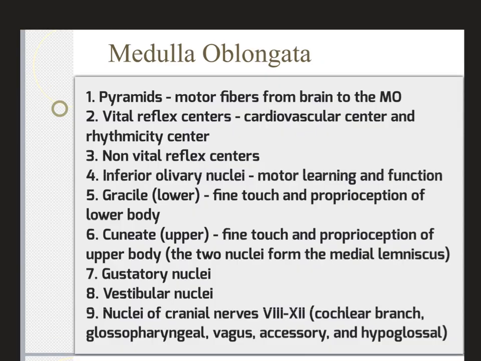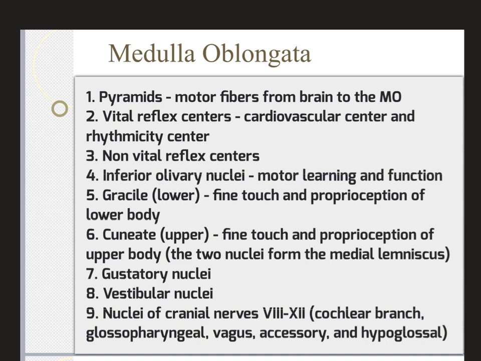Let's further examine all the different functions and parts of the medulla oblongata. So we go back to those pyramids, those pyramidal tracts. Again, remember these are motor tracts, motor fibers from the brain to the medulla oblongata. The second function is going to be our vital reflex center.